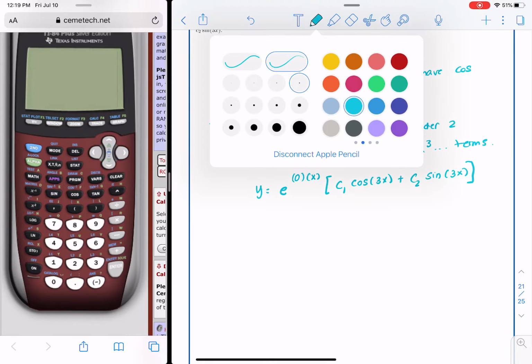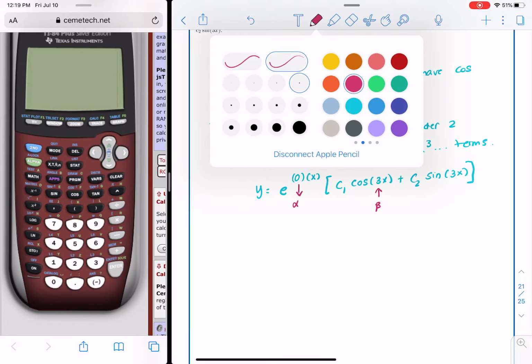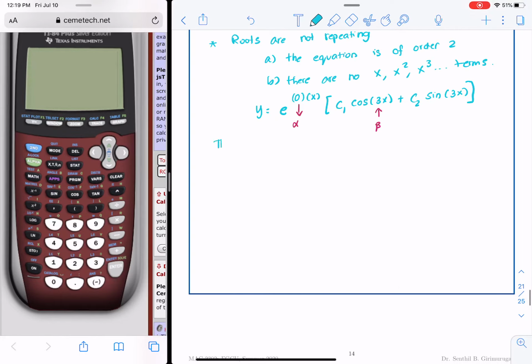We know that that is alpha and that would be beta. So the roots are m1 equals alpha plus i beta, and m2 is alpha minus i beta.